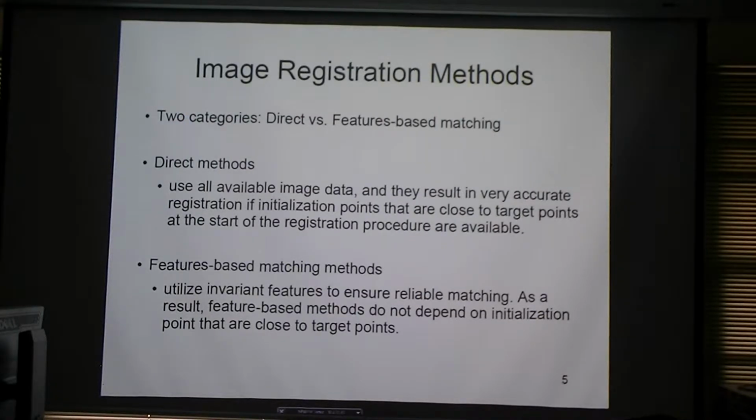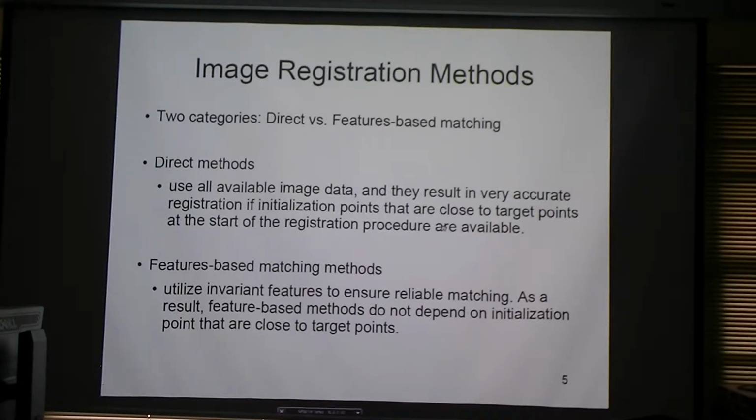Image registration methods have two different categories. One is direct, and the other is feature-based matching. The direct methods use all of the available image data, and they depend on the initialization points.